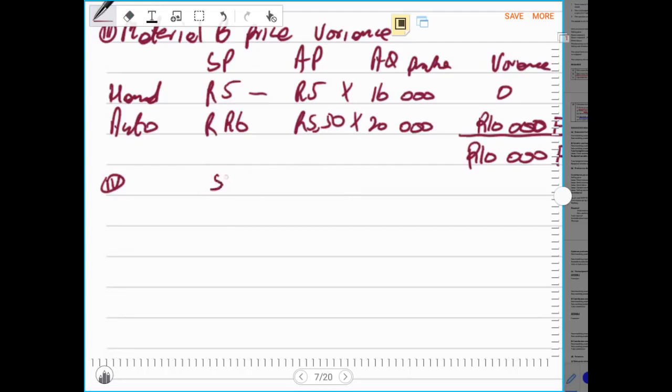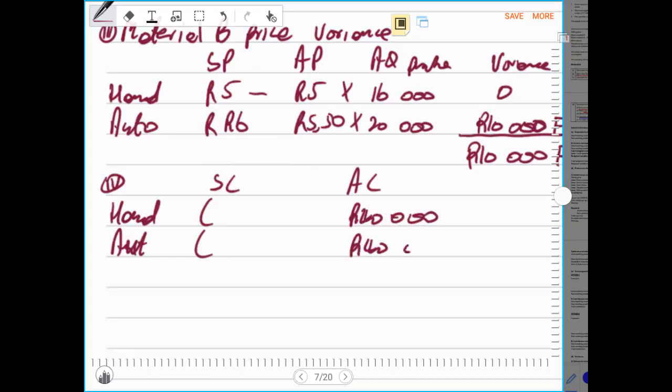So in this case, I will just say standard cost minus actual cost. My standard cost will be for both products, hand and auto. I know that my actual is 40,000 and my actual is 40,000. That is provided. Then after, I will have the total variance. In calculating my standard, I have to do my workings.